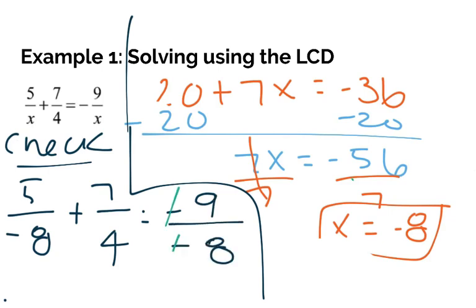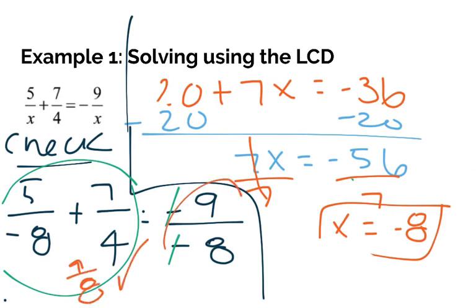Okay, well, right off the bat, those negatives cancel. And then this I'm just going to type on my calculator. So type that in with me. Negative 5 divided by 8 plus 7 fourths. You'll get a decimal that says 1.125. And then math frac it, and you'll see that that's 9 over 8, which is exactly what we got over here. So I know that I do not have an extraneous solution, and x equals negative 8 is correct.